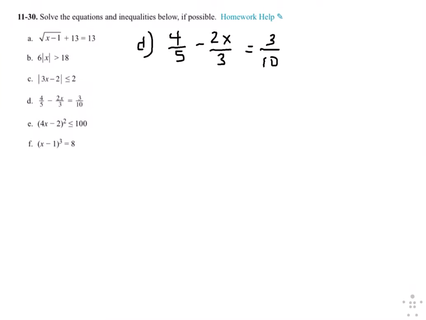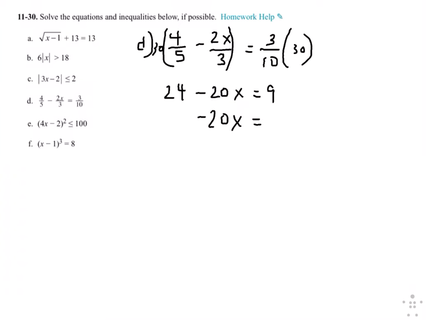So if I multiply both sides by 30, here we have 24 minus 20x equals 9. Negative 20x equals, subtract 24, so that would be negative 15. Then divide by negative 20. So we get x equals negative 15 over negative 20, which reduces to 3/4.